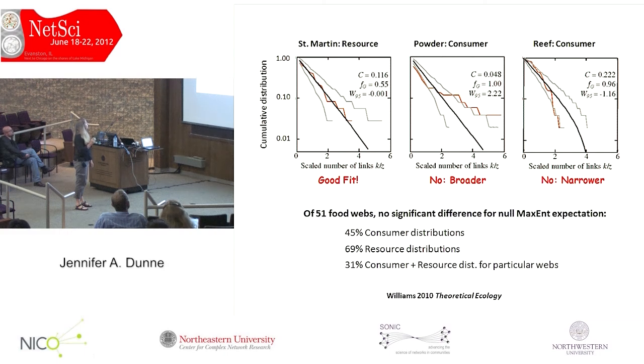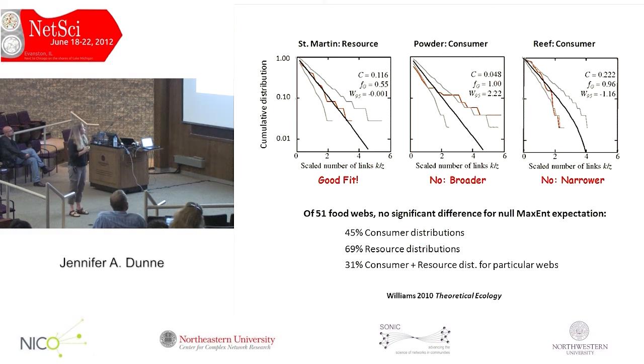For the St. Martin food web, for the resource distribution, the red line shows the empirical network data, and the black line shows the central tendency or the prediction of the maxent model, with 95% confidence intervals. In this case there's a very good fit, with no deviation between the empirical data and the maxent expectation.